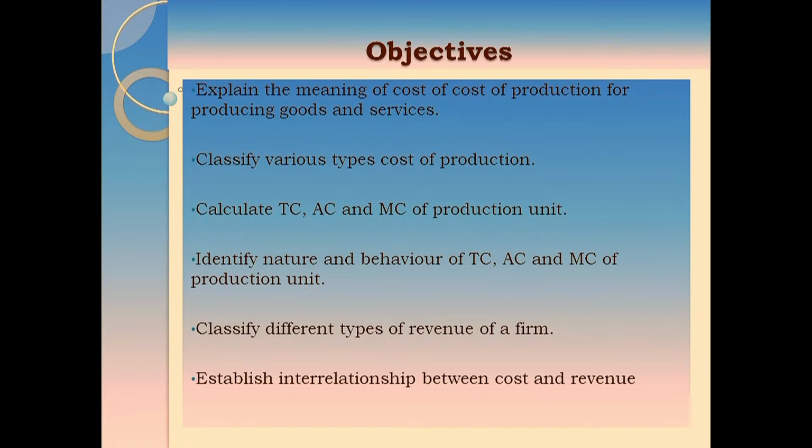We are not paying attention only to the various types and calculation of cost of production, but we have to see the behavior of cost of production. TC का क्या बिहेवियर होगा, एवरेज कॉस्ट का क्या बिहेवियर होगा, मार्जिनल कॉस्ट का क्या बिहेवियर होगा.